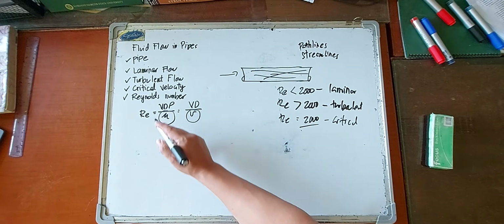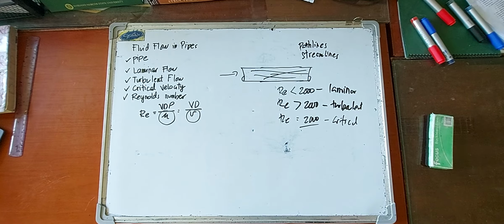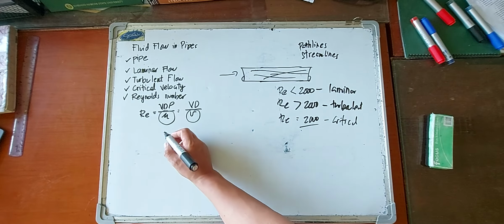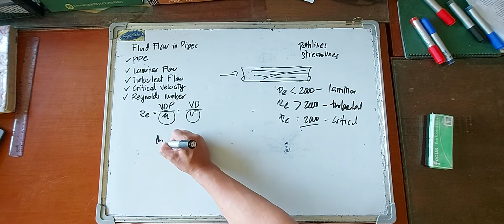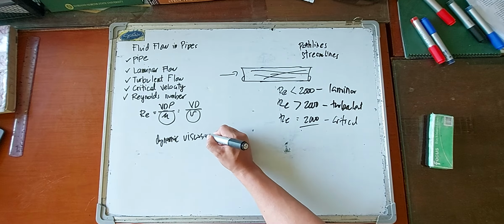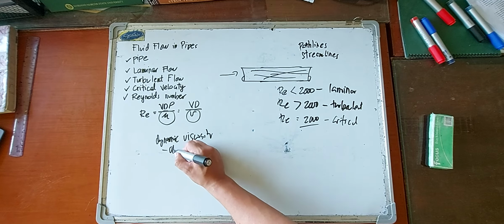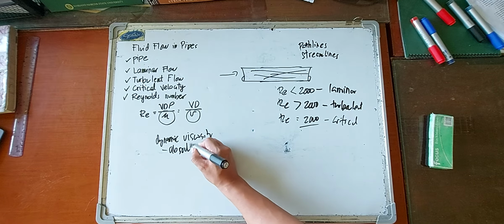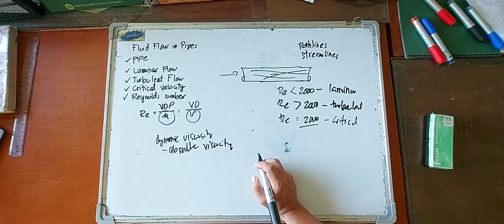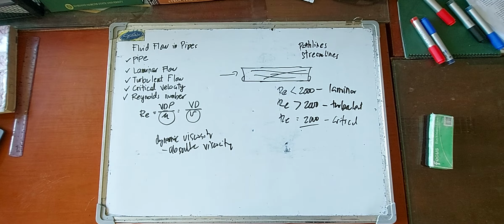This is the dynamic or absolute viscosity. So dynamic viscosity is sometimes called the absolute viscosity. Okay, that's how we compute for the Reynolds number.